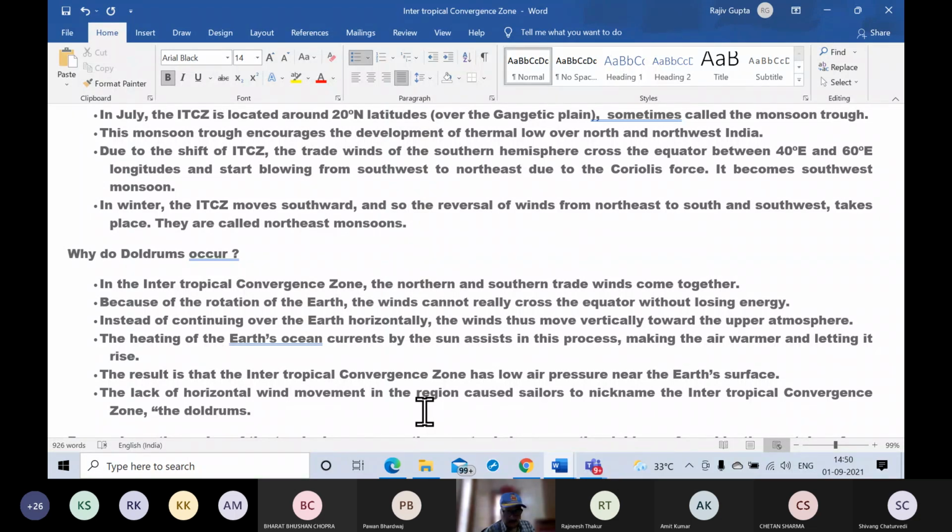But because of the rotation of the Earth, the winds cannot really cross the equator without losing energy. They can cross the equator, yes, but during the process of crossing, the winds will lose some energy. So instead of continuing horizontally over Earth, because they lose energy, the winds move vertically upwards towards the upper atmosphere.